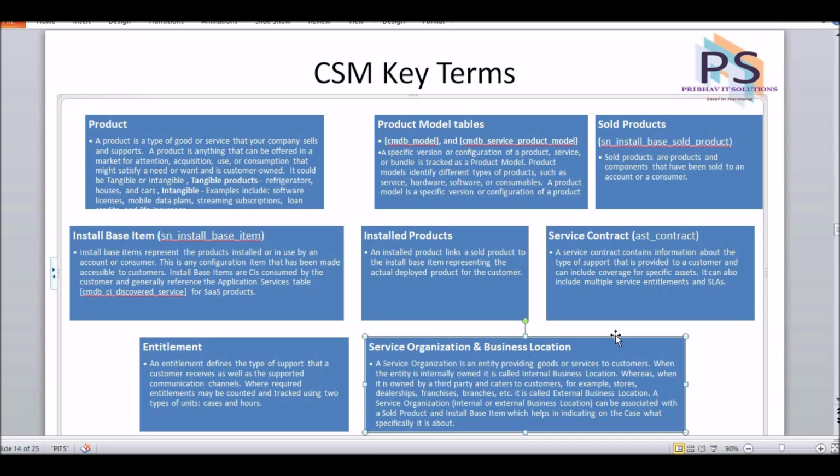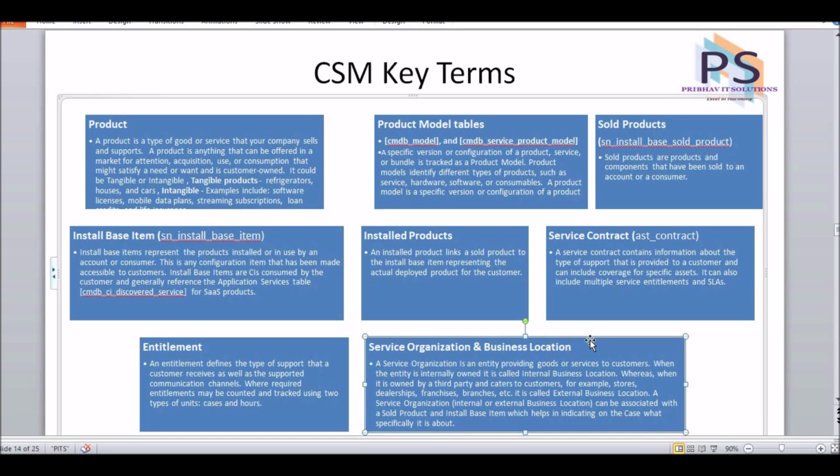They can only utilize them if Airtel has a tie-up with any of those service providers. Those service providers also fall under a different service organization, but because of the tie-up and the contract, they support each other. When we have this concept, as well as the franchisee concept, where one organization has multiple offices at multiple locations, we need service organization and business location. Okay, this requires a separate plugin to be installed in ServiceNow.